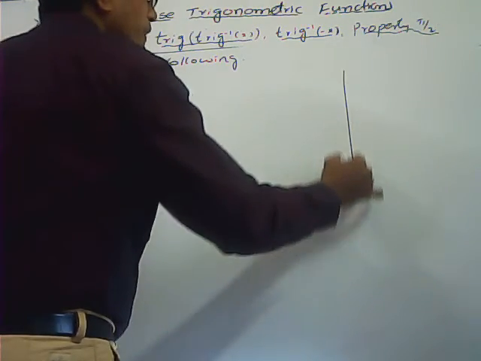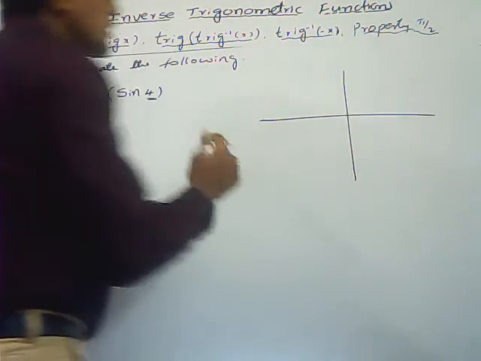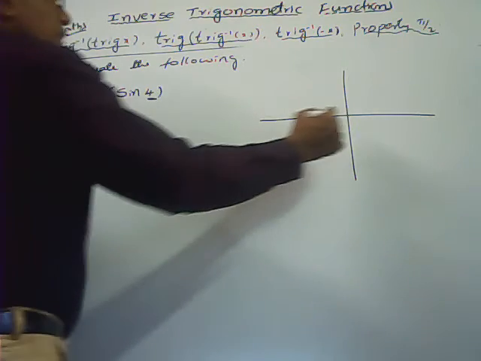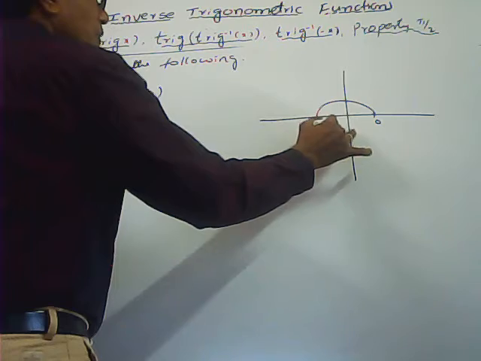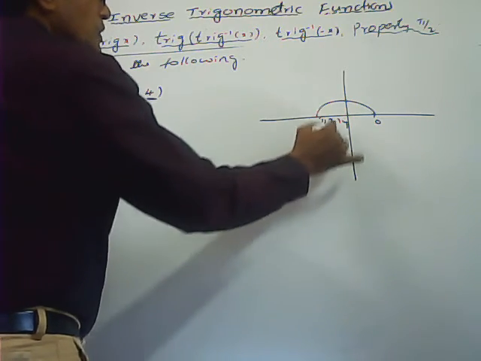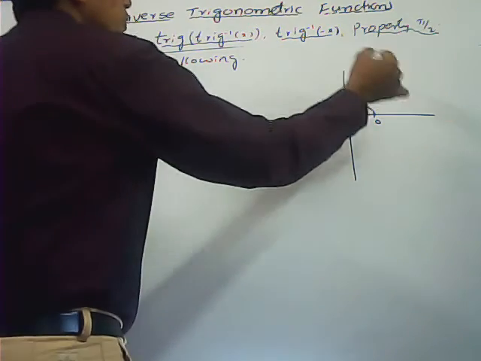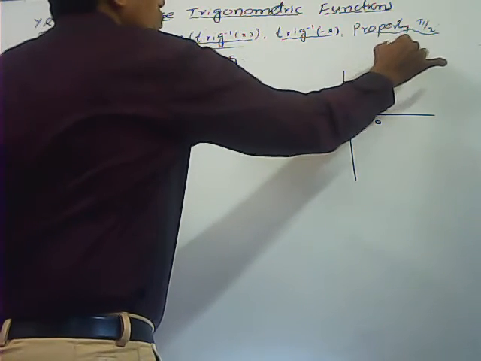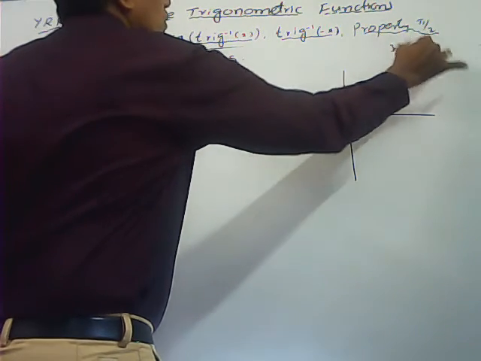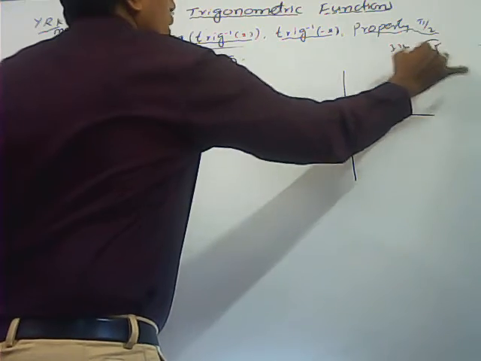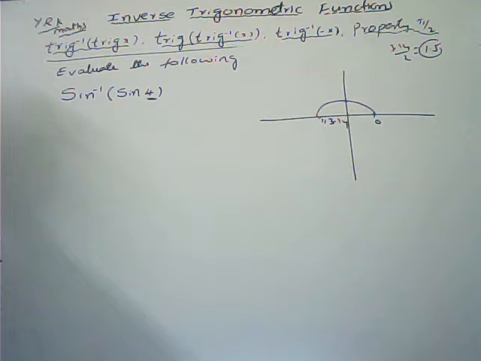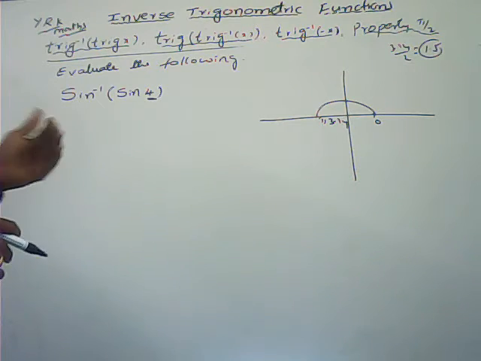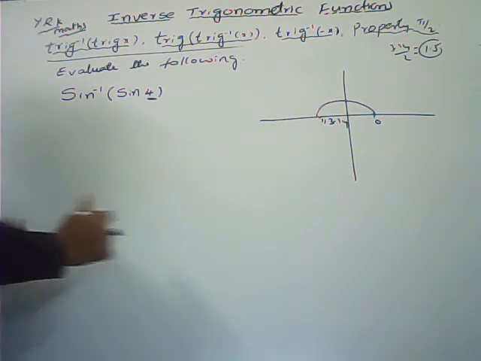Where is that 4 radians? That 4 radians belongs to which quadrant? Here it starts from 0. This is pi. Pi means 3.14. This is pi by 2. Pi by 2 approximate value I am taking 3.14 by 2, 1.5 I am taking. 3.14 plus 1.5, 4.6 something, but 4 radians is there.